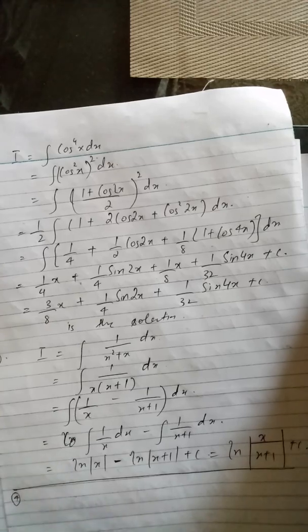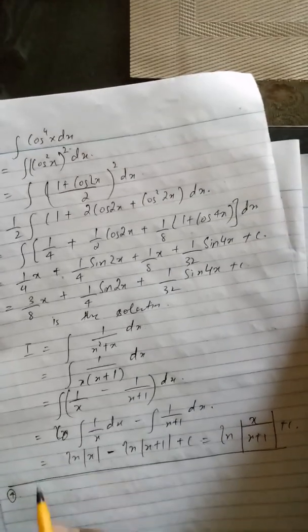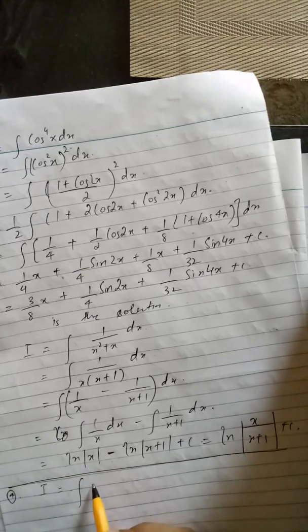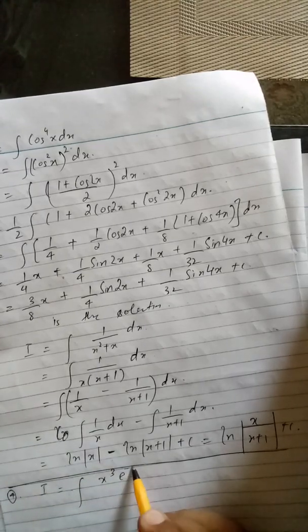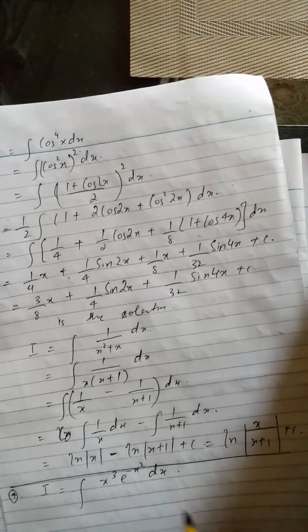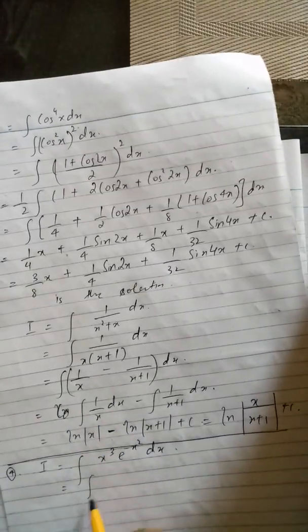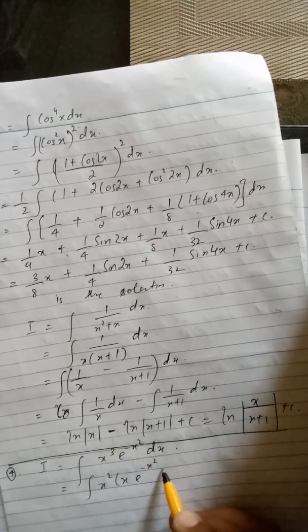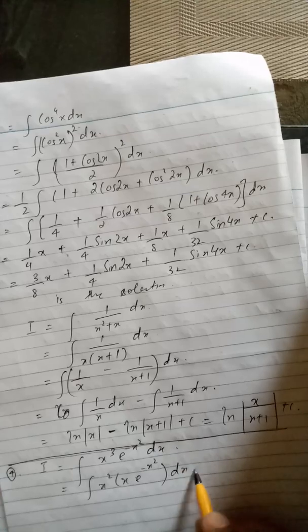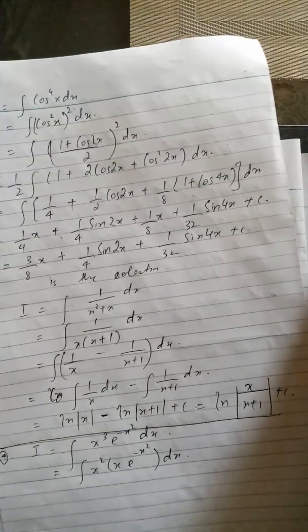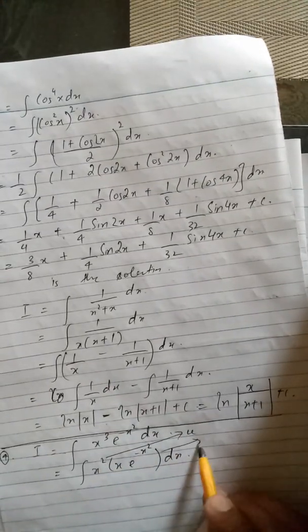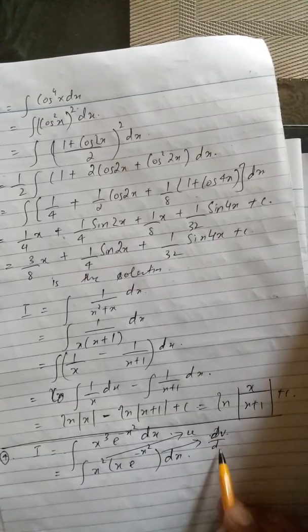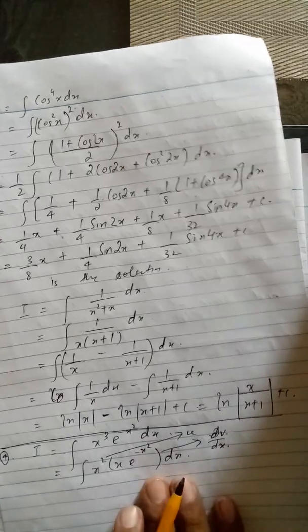And for the fourth, this is integration by parts: the integral of x e^(-x^2) dx, where we take x as u and the rest as dv.